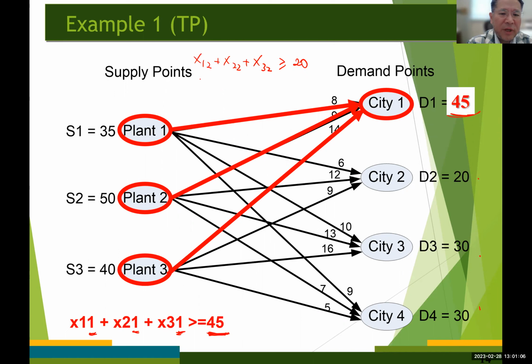For city number 3, it's x13 plus x23 plus x33, which has to be greater than or equal to 30. Likewise, for city number 4, it's going to be x14 plus x24 plus x34 has to be greater than or equal to 30, which is from here.